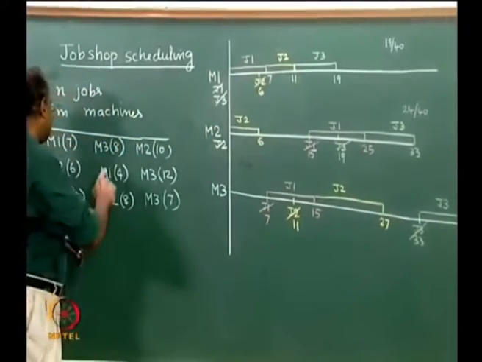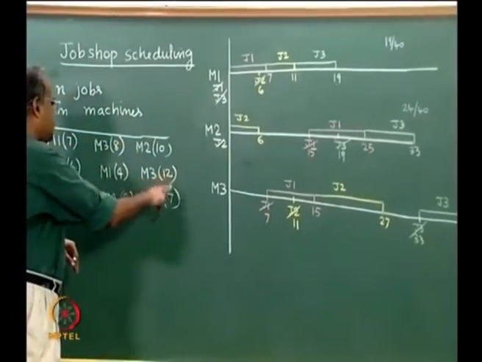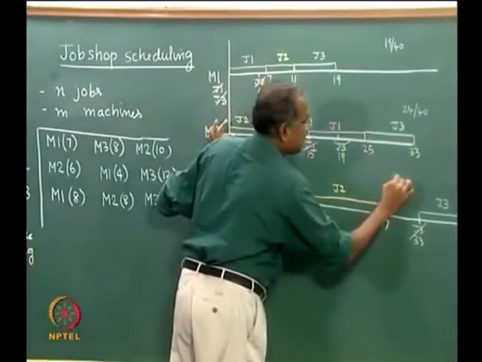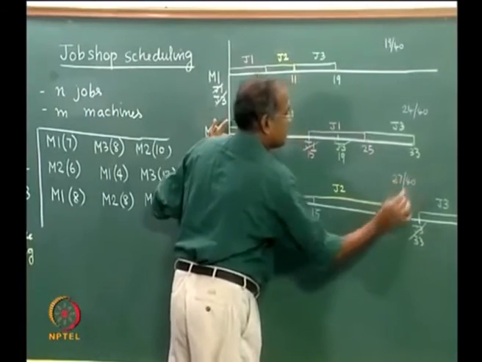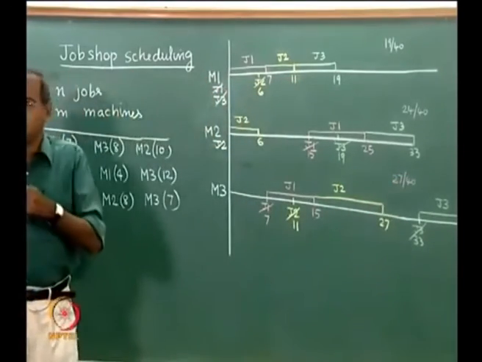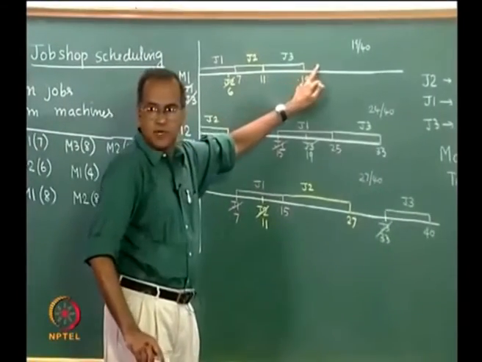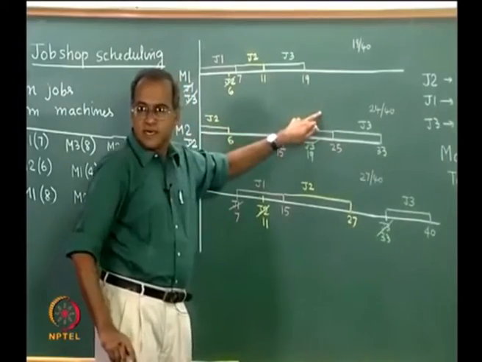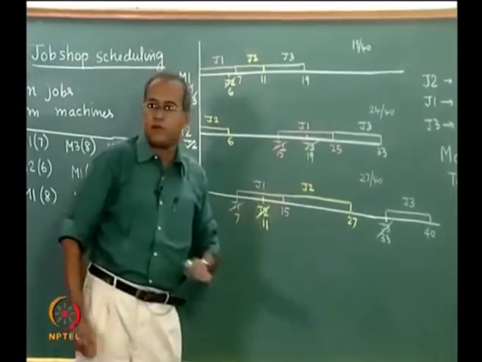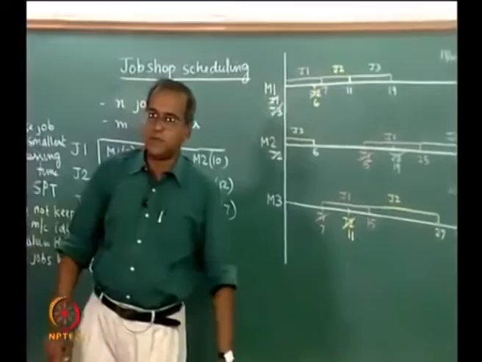The utilization on M3 is 8 plus 12, 20 plus 7, 27 by 40. If we want the idle times, this is idle for 21 time units, this is idle for 16 time units, and this is idle for 13 time units.